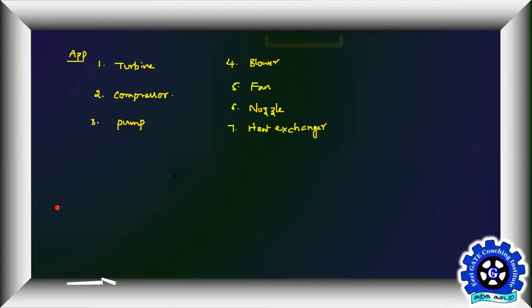Any other that you want to add? Number eight, a combustion chamber. Come on, if you want to add something, you can add. These are all practical industrial applications. You have many, but these are common examples where you see both energy and mass interactions. They are called open systems.